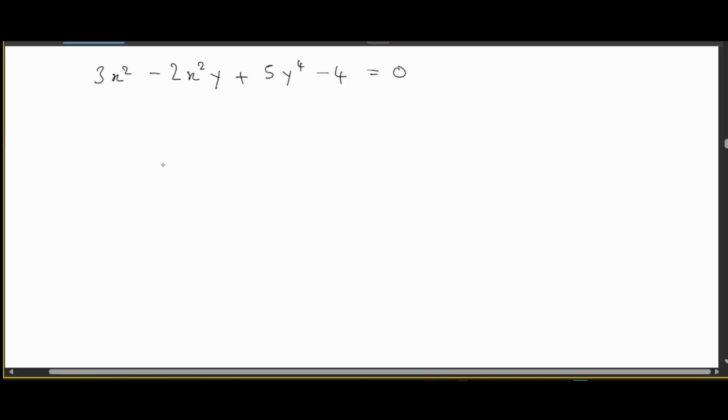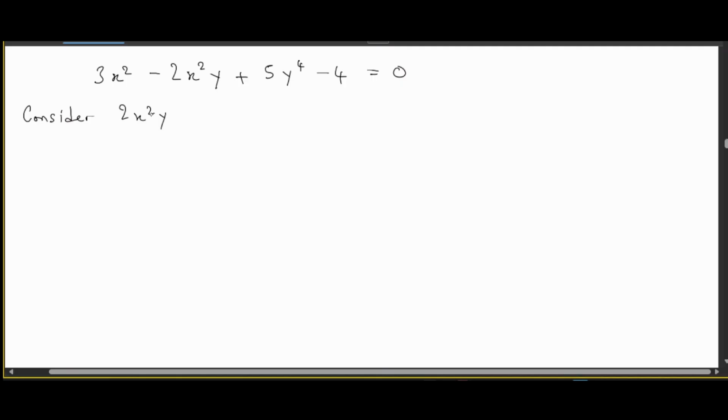So what we can do here is consider 2x squared y. We use consider to separate a certain part of that equation which we want to work on alone, independently. Then we input what we get after we have solved it independently.